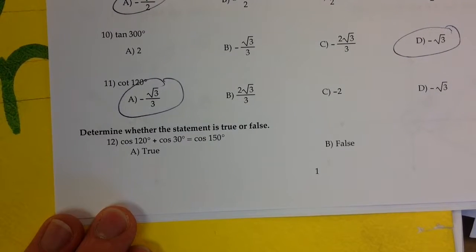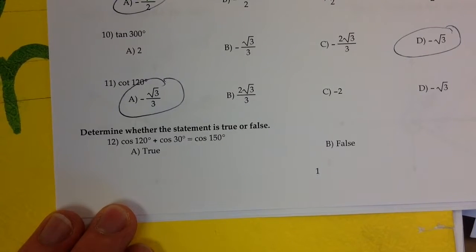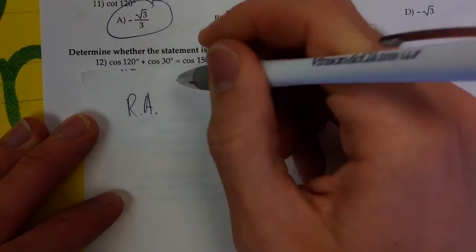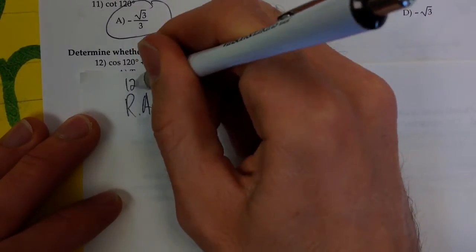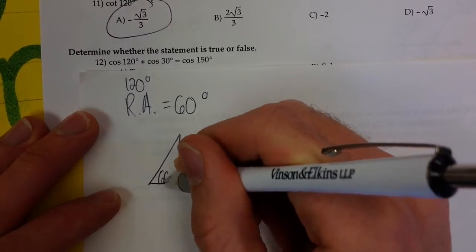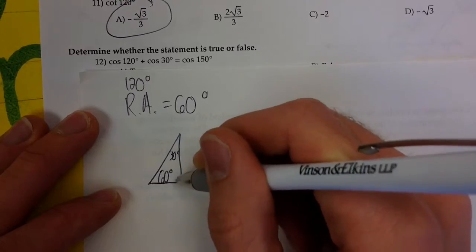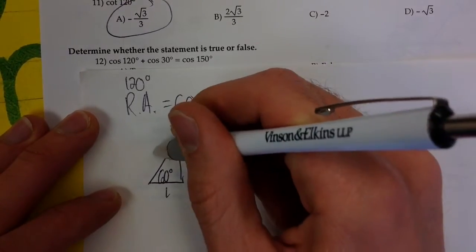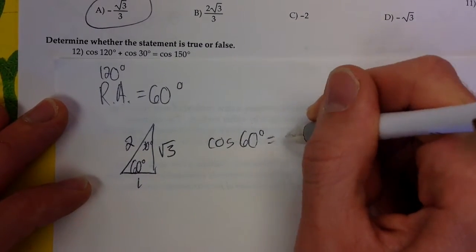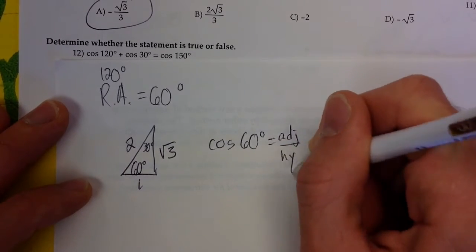So Nikki S., please tell me first, what's the cosine of 120? It's 1 over radical 3, so it's radical 3 over 3. What's the reference angle for 120? 60. Yep. So you're working with a 30, 60, 90: 1, root 3, 2. We want cosine. Cosine is adjacent over hypotenuse.